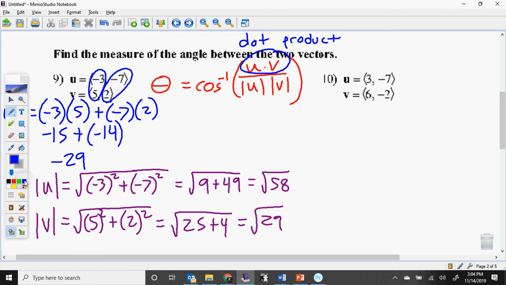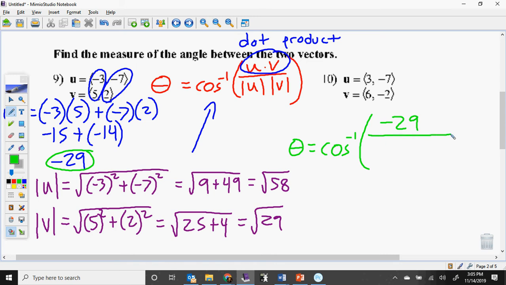So these are all my individual parts. So now I can plug in to my formula and say, try to pick a different color. Theta is the inverse cosine of u dot v. I already found that. U dot v is that negative 29. And then the magnitude of u, well, that was square root of 58.